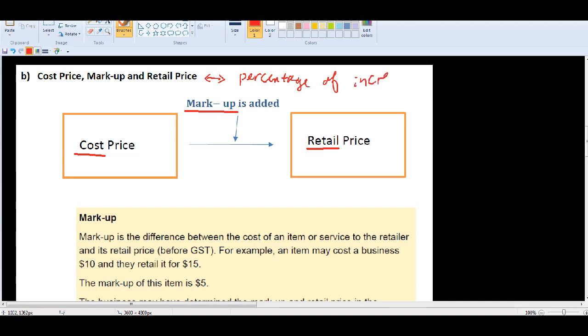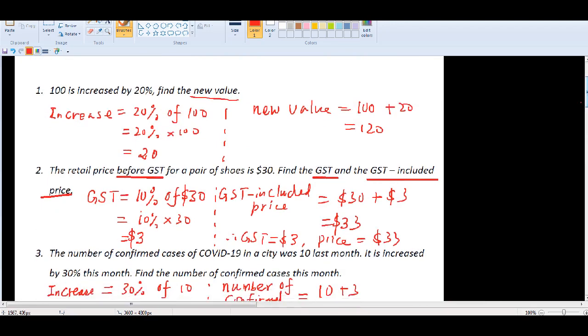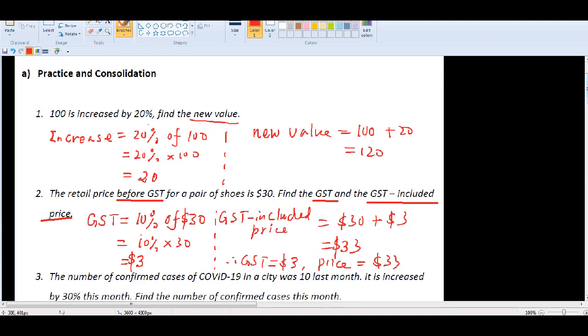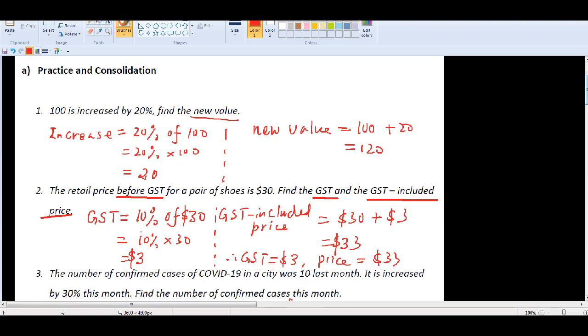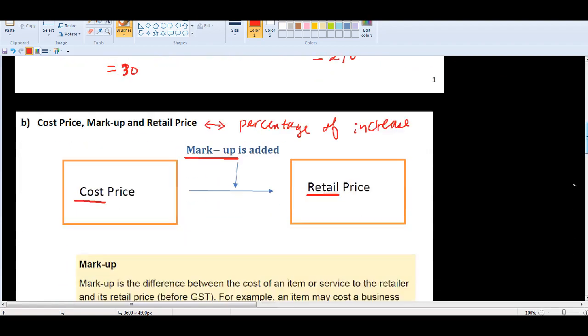Still remember how to do the percentage increase, like what we've done in the first question, when 100 is increased by 20%, how to find the new value. But now we just give some names for those numbers. For example, in this case, 100 would be the cost price, and the new value would be the retail price, and 20% would be the markup percentage.